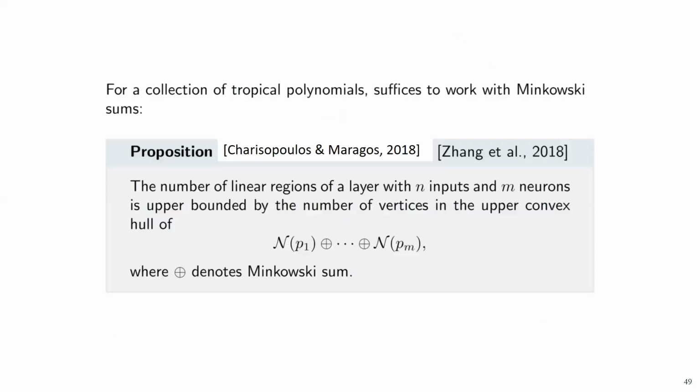Now, what happens if we have a collection of tropical polynomials? Then we can work with the Minkowski sum. Another useful proposition here: the number of linear regions of a layer that has n inputs and m neurons is upper bounded by the number of vertices in the upper convex hull of the polytope that results from the Minkowski sum of the individual Newton polytopes.